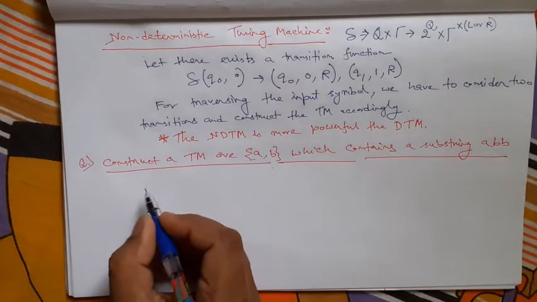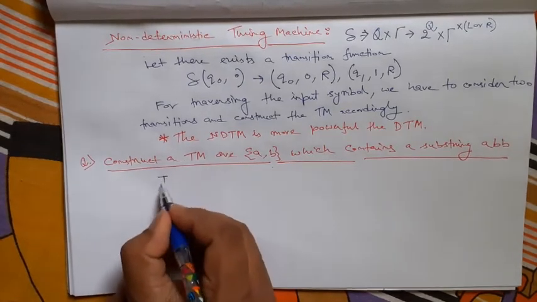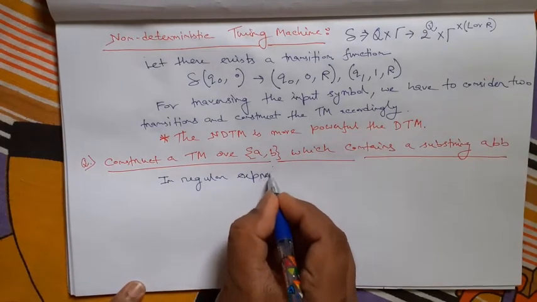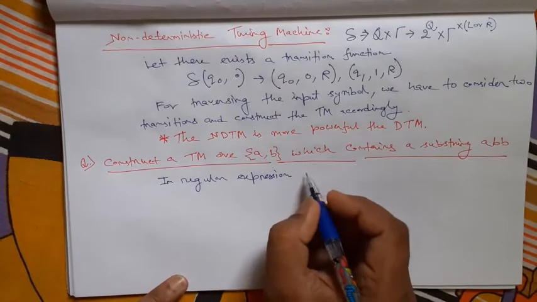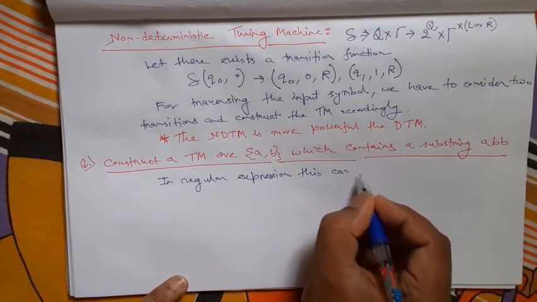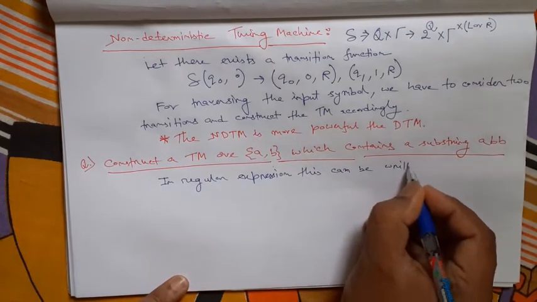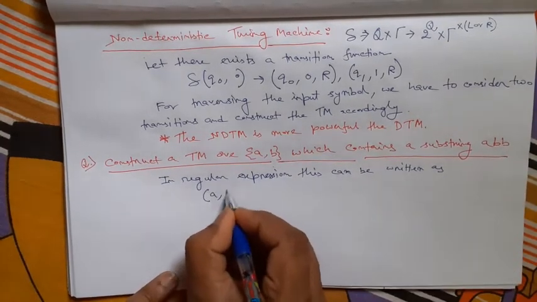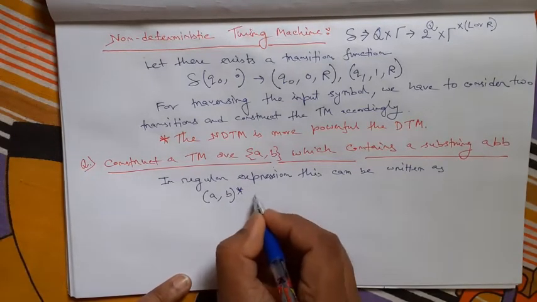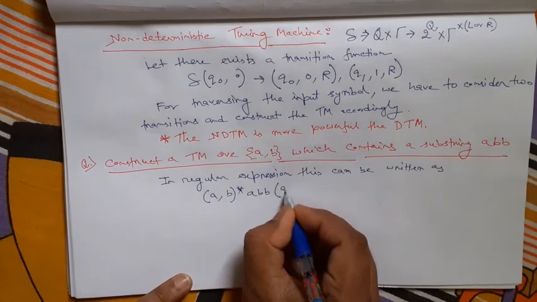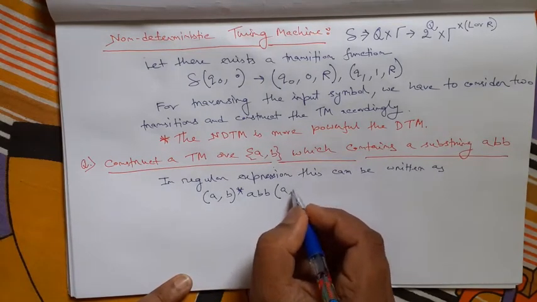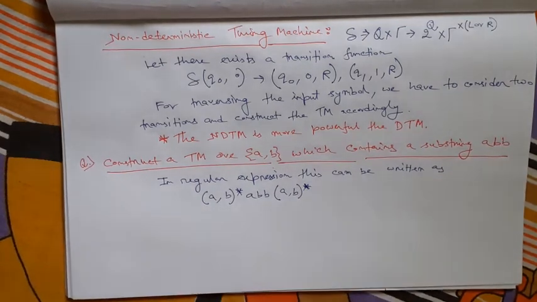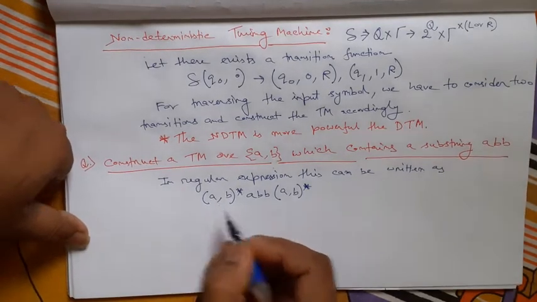So let me show you the solution. In regular expression, this can be written as (a,b) star, then your substring abb, then (a,b) star.